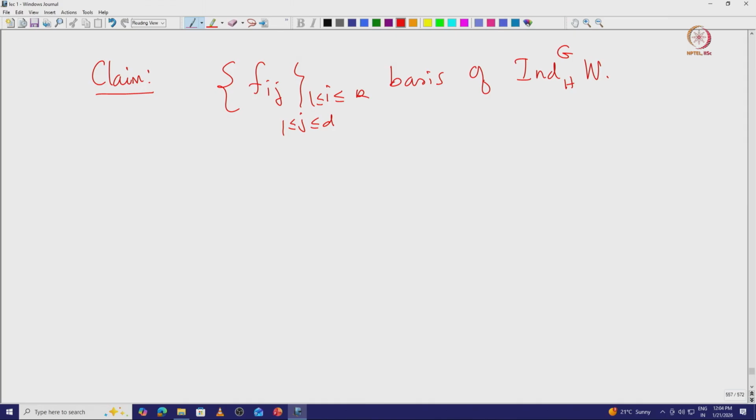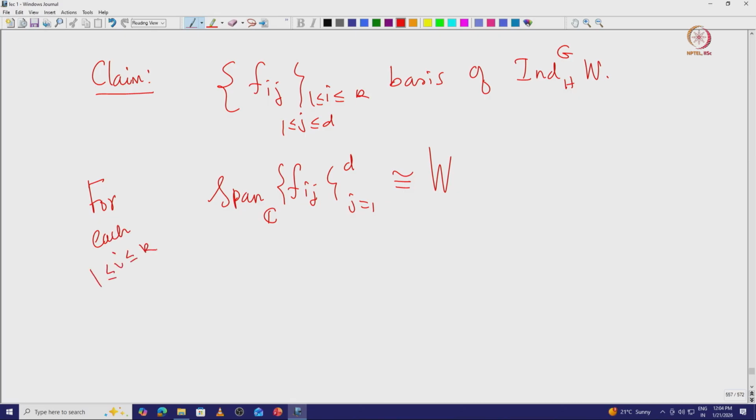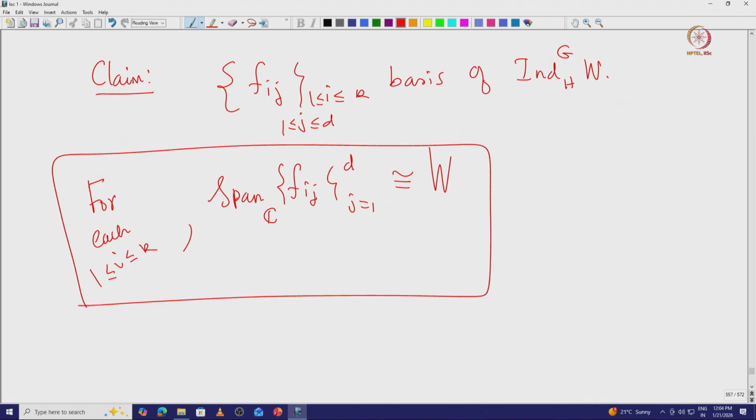Indeed, we can fix i and look at the span of f_ij where j ranges from 1 to d. This is indeed a copy of W inside this induced representation. As a vector space it is clear that this is isomorphic to W for each i from 1 to k. So we have k copies of W inside this induced representation.